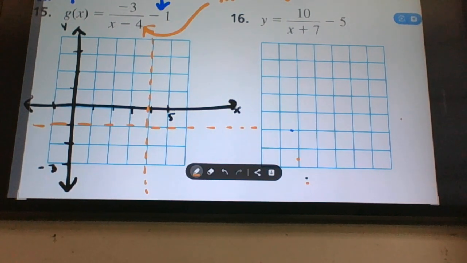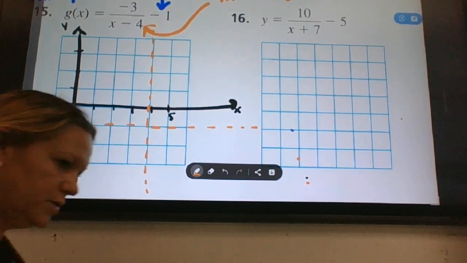So 3 over 2, a lot of you guys are very good at looking at this as a mixed number. That's 1 1/2 minus 1. So that's a half. Or 1.5 minus 1 is 0.5. So my first ordered pair is at 2, 1/2.